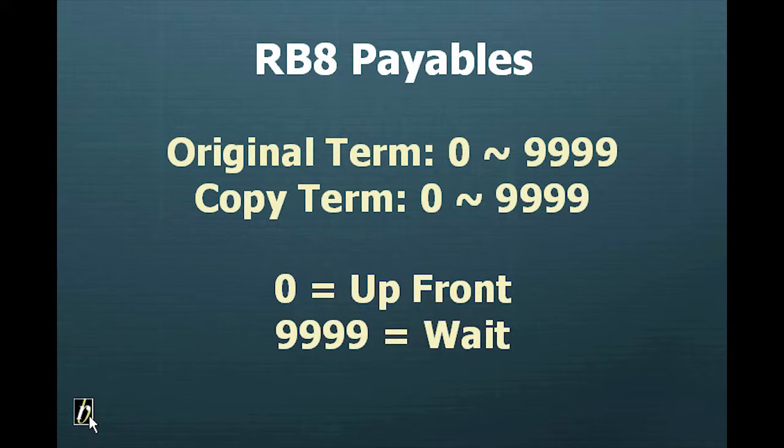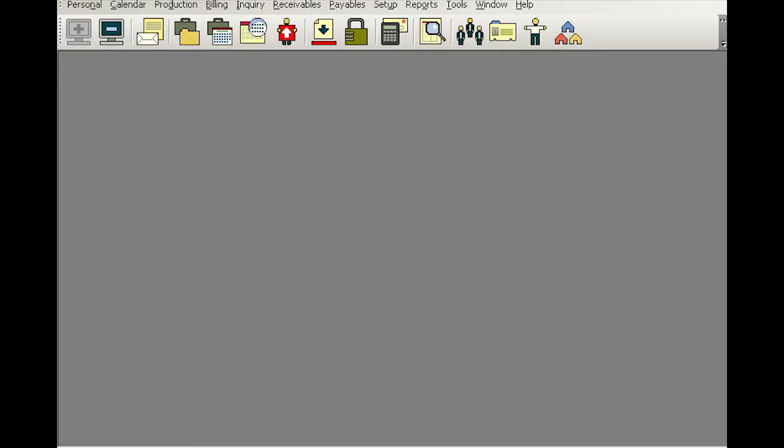So again, 0 is upfront, 9999 is wait, or it can be any number of days between those two numbers. Let's take a look at an actual example of a resource.